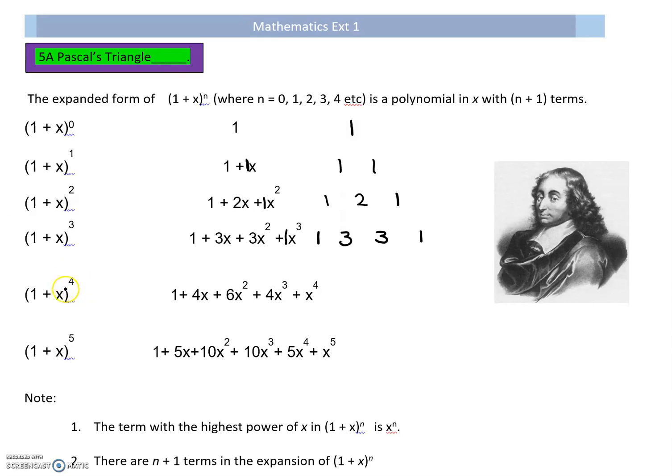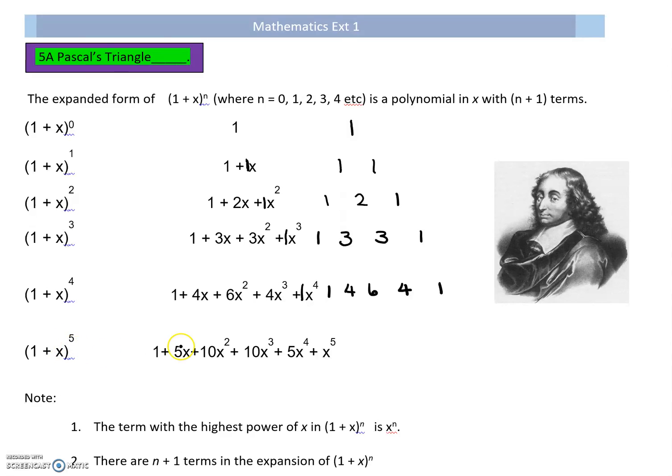So raising 1 plus x to the 4th, and again you'll just have to take my word for it, you get this expansion, and I'll put the coefficients in. So we're getting a 1, a 4, a 6, a 4, and a 1. And again, this is the 5th line of Pascal's triangle.